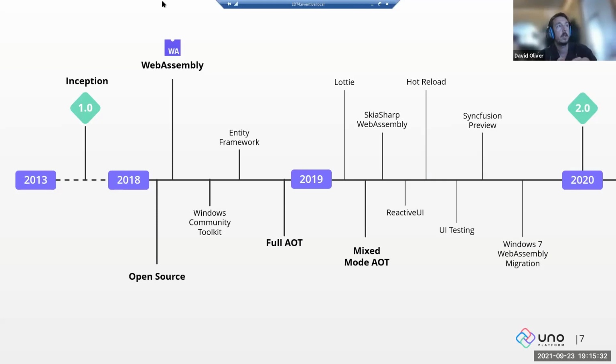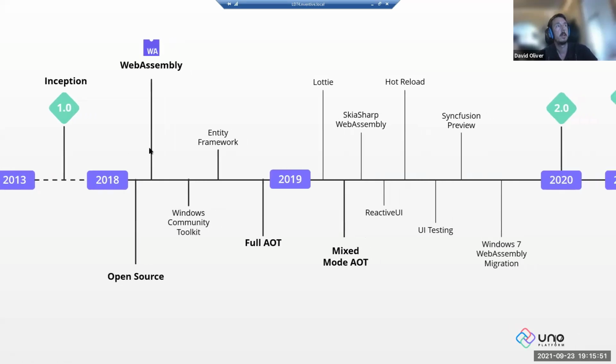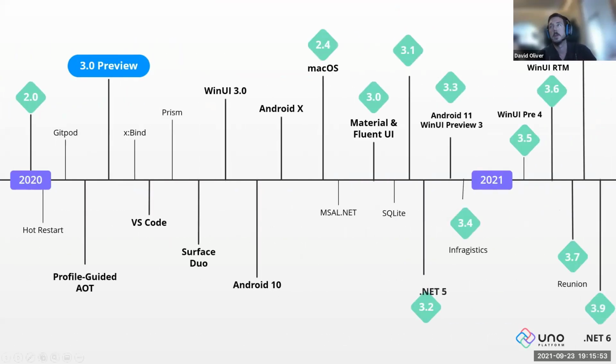And since then, there's been a lot of developments. A number of third-party libraries have been ported or been created for Uno, and I'll talk a bit more about that. We've added several more target platforms since then, so macOS and Linux, as well as support for legacy Windows versions back to Windows 7.